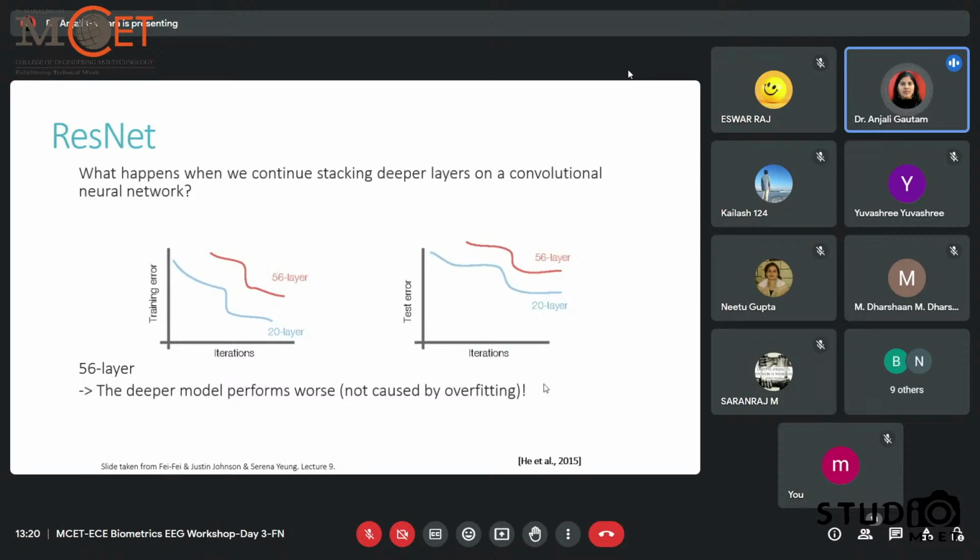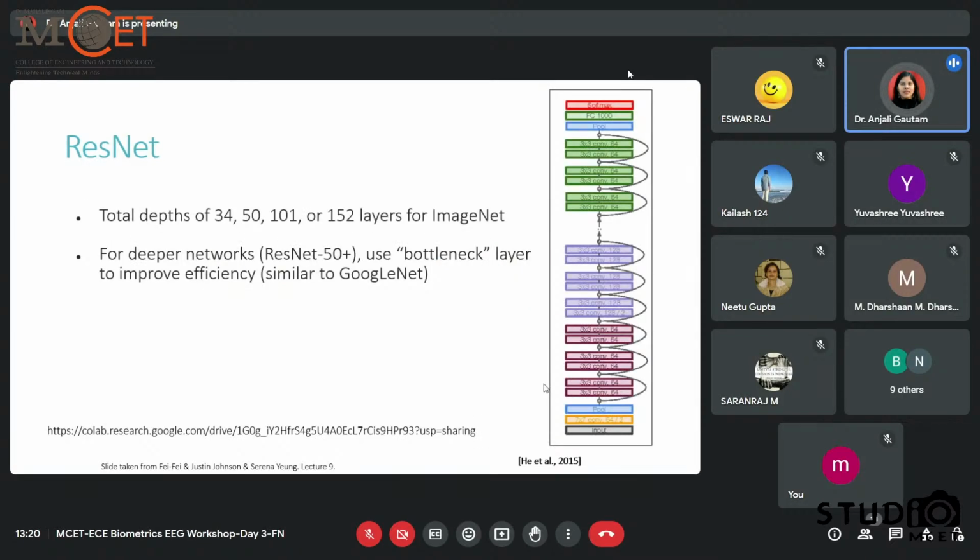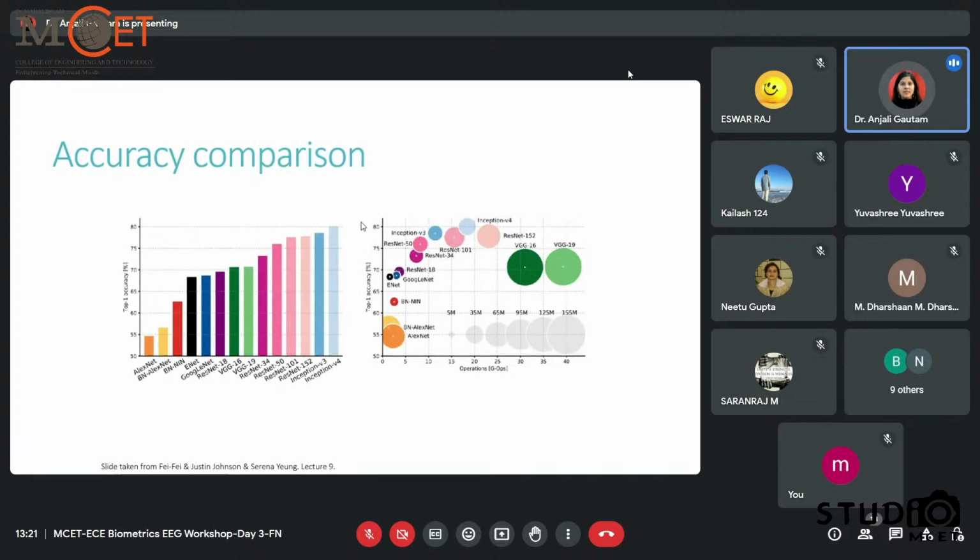No, it is not because of overfitting; it is because of the training error. That is the concept found by them. And ResNet has different variants like 34, 50, 101, 152 and so on.